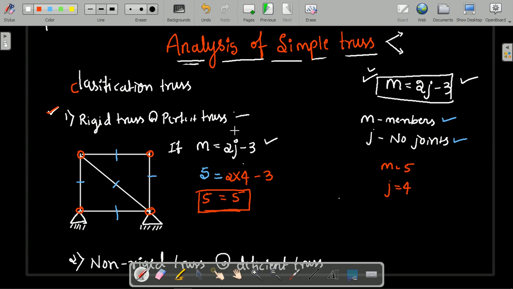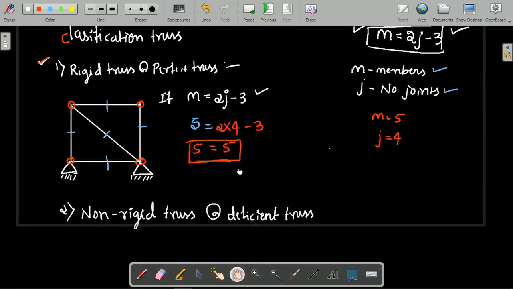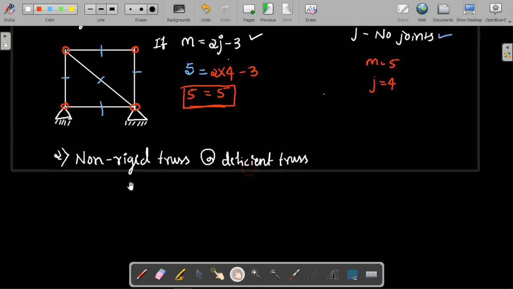M is nothing but the number of members, j is nothing but the number of joints in the particular structure. Members are the horizontal and vertical members you can observe. Joint means where they are connected; just consider the number of joints. Now we are going to discuss the other type, that is the non-rigid truss. As the name indicates, the non-rigid truss or deficient truss.